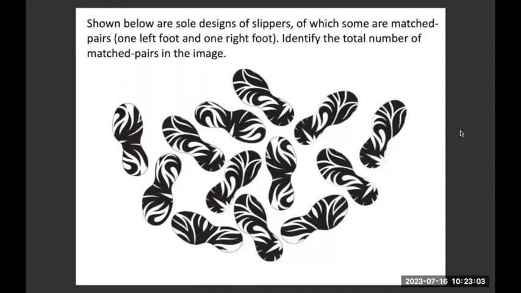I'm sorry for the mispronunciation. Anya, correct answer. Kavya, correct answer. Meera, partially correct answer. I would put it that way. You have to find the pairs and not the number. Okay. Tisha, Anshi, correct answer.